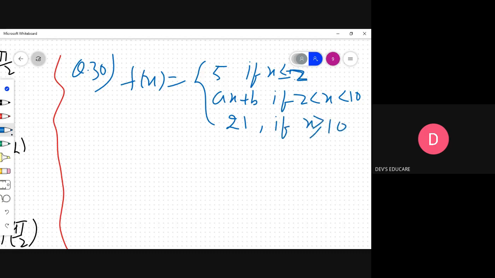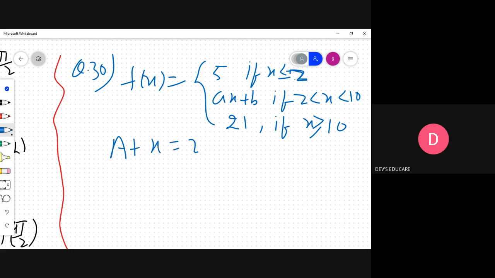So we can see the value of the function changes at two places, at x equals 2 and at x equals 10. It is given that the function is continuous, right? Yes, sir. So we shall take the continuity at x equals 2 and at x equals 10.